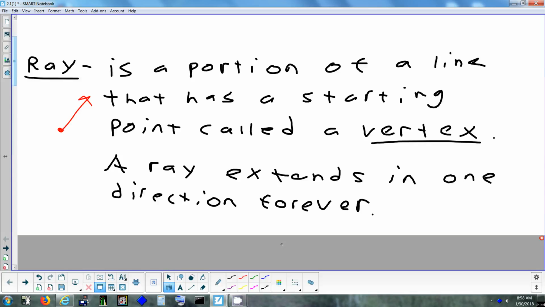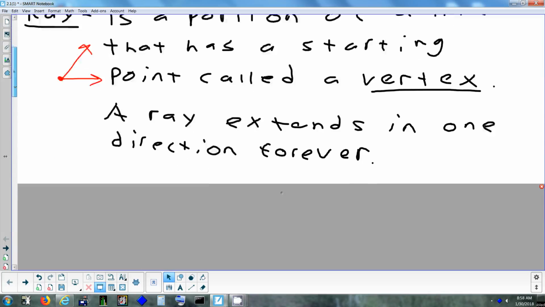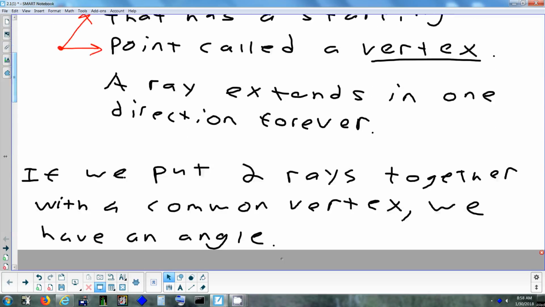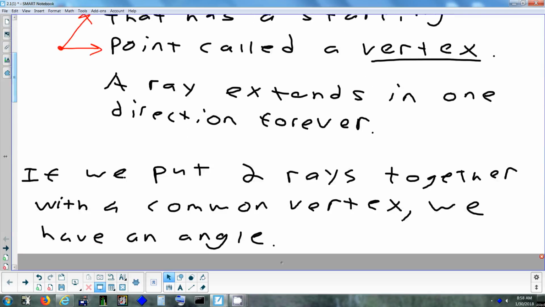Add another ray to it. Now you just created an angle. But the key is, notice where I drew the other ray? I didn't just draw it over here. I had to draw it so the rays had the same vertex. Okay, so if you put two rays together and they have the common vertex, that's when you created an angle.